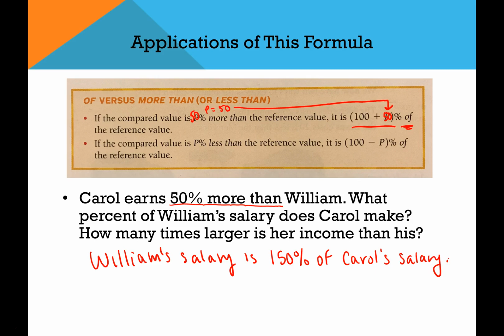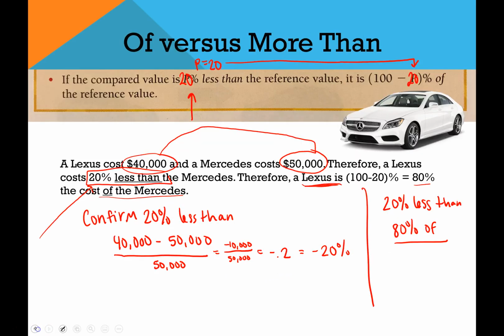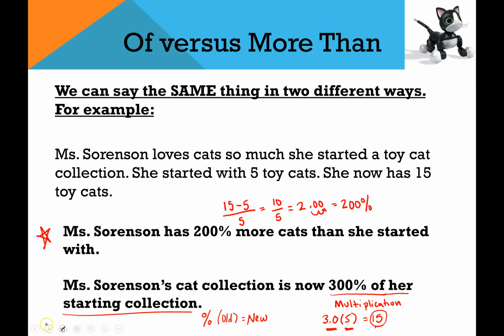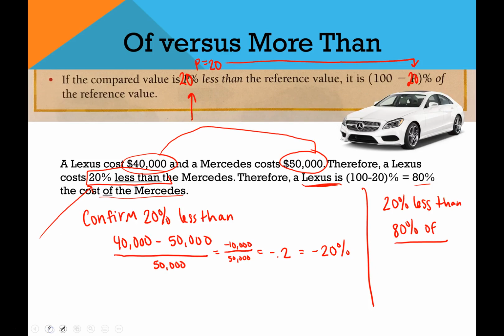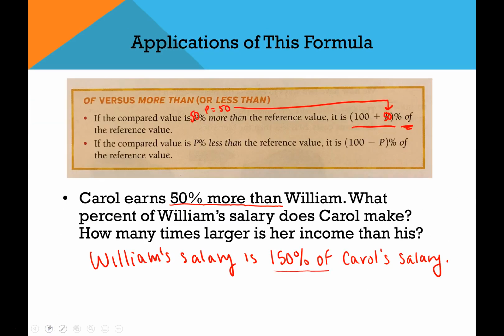Now the next question says, how many times larger is her income than his? Well, you should remember that percent of, if we go back to the very first slide here, is multiplication. So remember, 300% of would be 3.0 times my original cat collection. So going back here, how do I convert 150%?